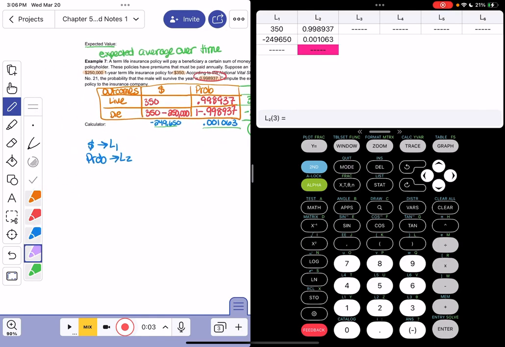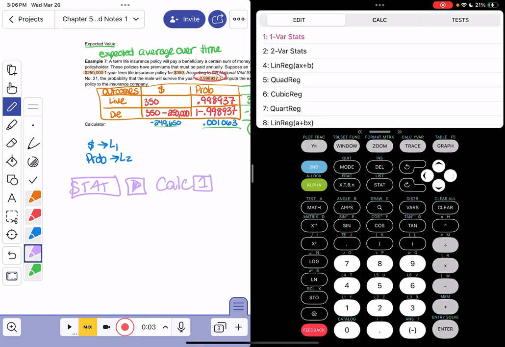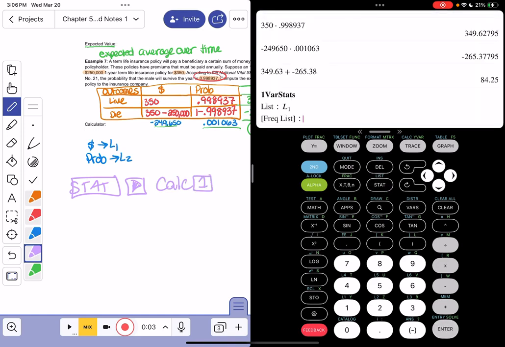Okay. Now we're going to hit the Stat button. We're going to arrow over to Calc and choose number one, 1-Var Stats, just like we did before. But now, if you look over here, you'll see it has a choice for list, which is L1, that's where we put the money.